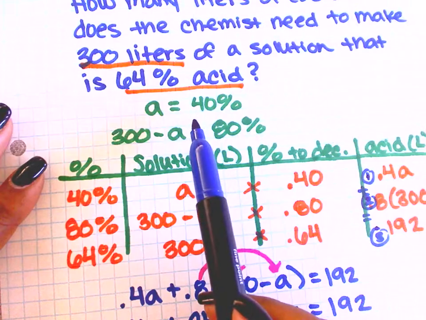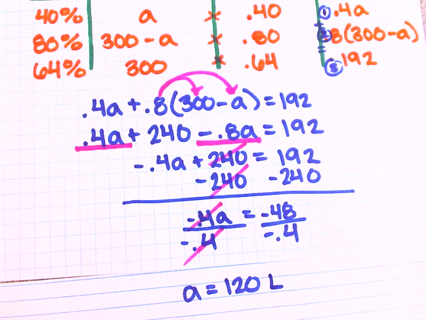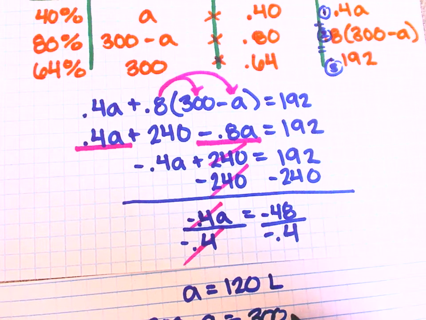So going back here, we found out what A was. A is 120 liters. So to find out what the 80% solution is, we need to do 300 minus A, which is going to be 300 minus 120. 300 minus 120 is 180.